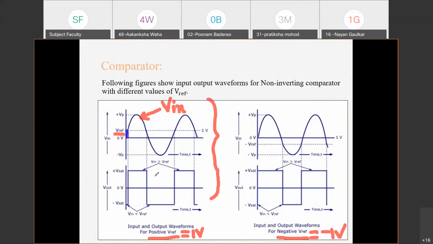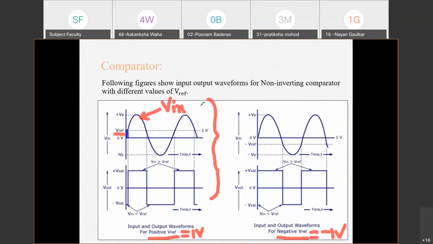For this particular region, you can observe that V in is less than V reference. V in is less than V reference means voltage at non-inverting is less than voltage at inverting terminal.